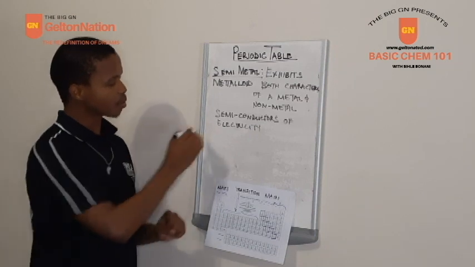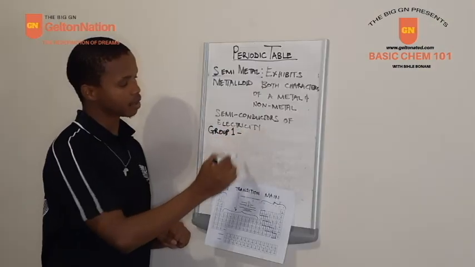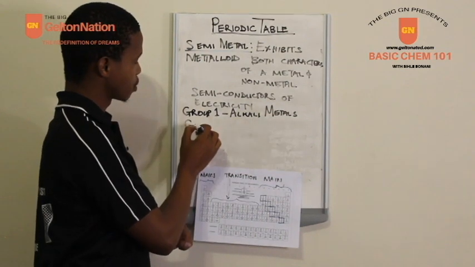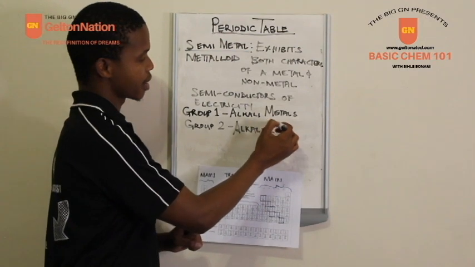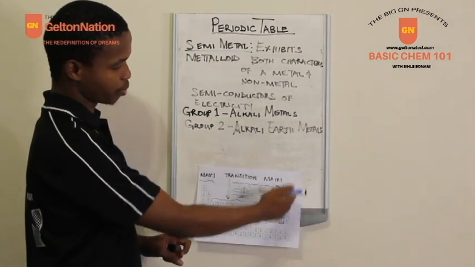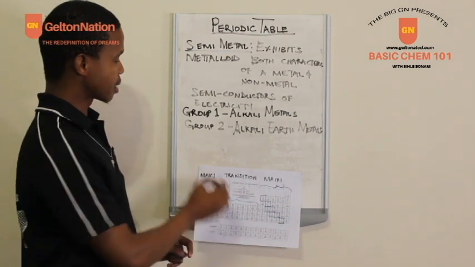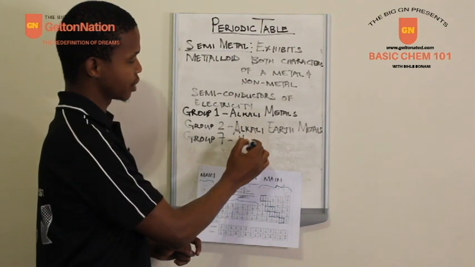Your group 1 elements are usually called the alkali metals. Your group 2 are usually called alkaline earth metals. Your group 8 are called the noble gases, and your group 7 are called halogens.